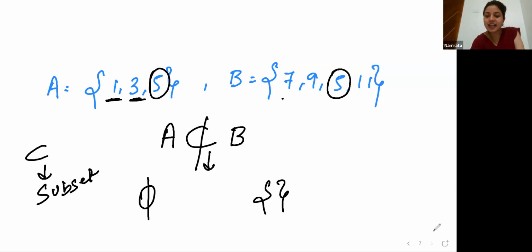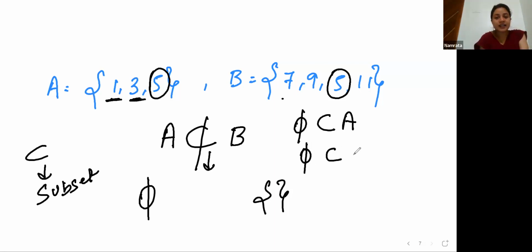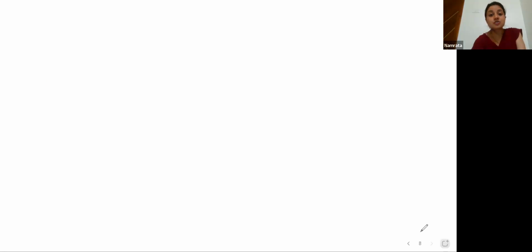If it is written that ϕ is contained in A and ϕ is contained in B, both are true statements, because ϕ means nothing. It's a subset of every set. Okay, let's do some questions on subsets.